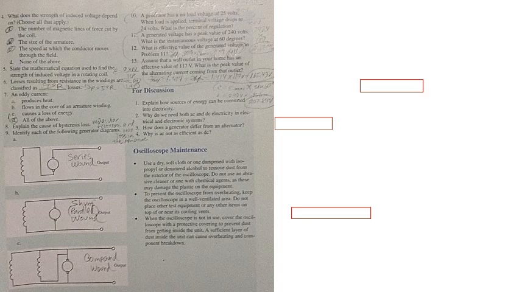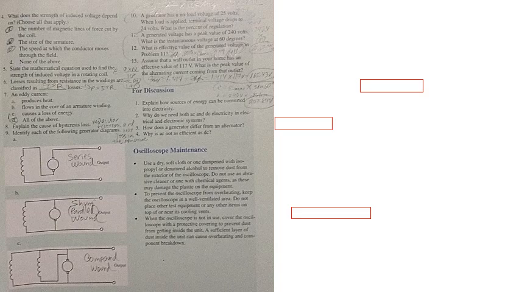The answer for that is A, B, and C. A being the number of magnetic lines of force cut by the coil, B the size of the armature, and C the speed at which the conductor moves through the field. D is not correct.